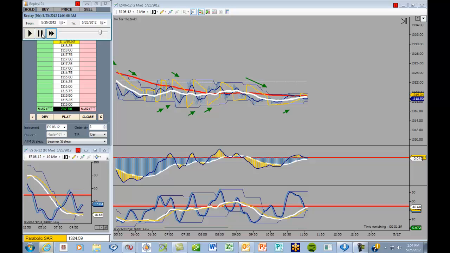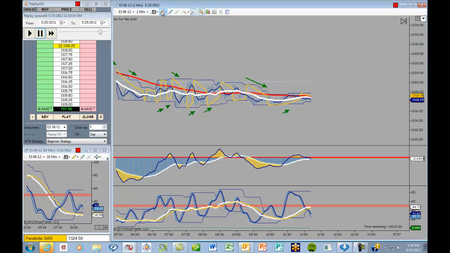And our long-term stochastic hasn't made its move yet either. There we go. Faster one's dropping. We've got the crossover there.